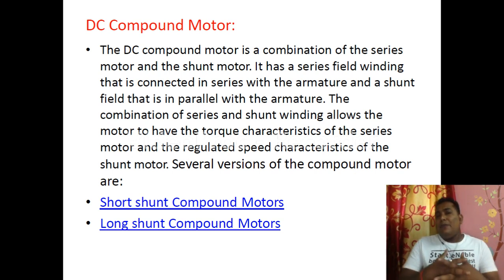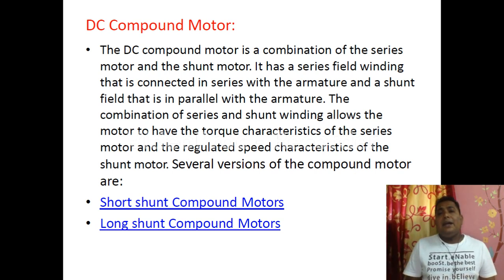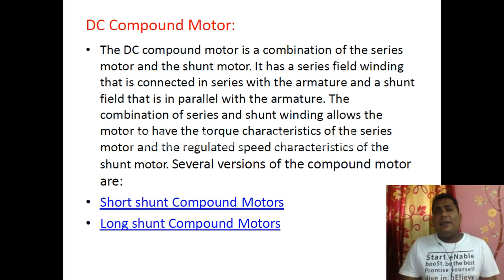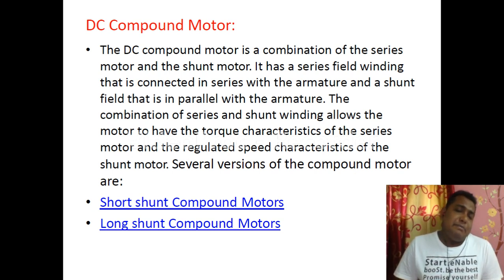So now, can we make a machine which has both characteristics? Yes, we can make it. That is a compound motor, where a series and a parallel shunt field are there with respect to the armature winding, so that both characteristics can be achieved.